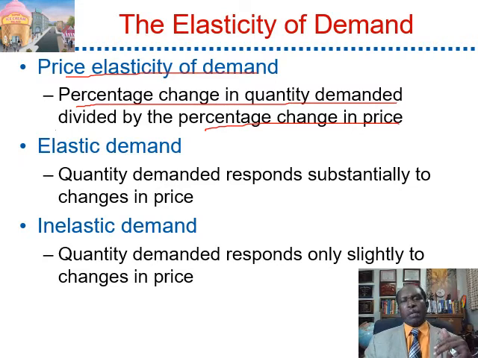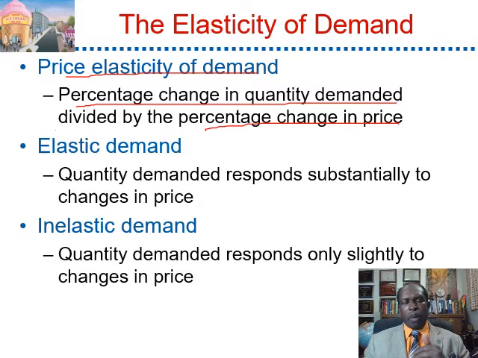If the price of ice cream increases by 5%, this will lead to a decrease in the quantity demanded of ice cream by 10%. So the value of the elasticity would be 10 divided by 5, which is equal to 2. Usually it should be negative 2. By the way, we drop the minus sign and focus only on the absolute value of the elasticity.